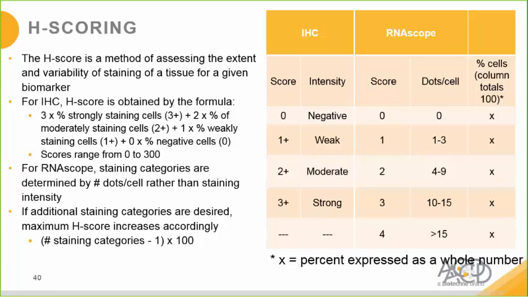With IHC, H-scoring takes into consideration the staining intensity in conjunction with the percentage of cells staining positively at that intensity.